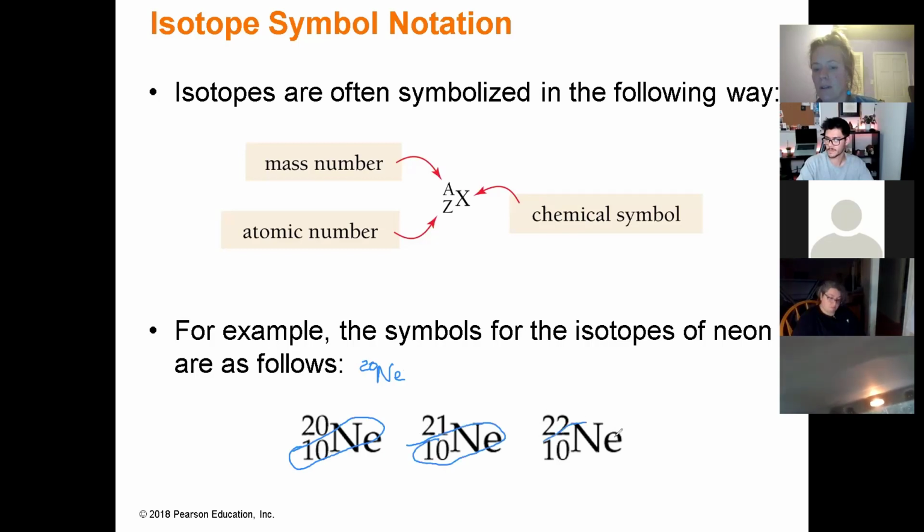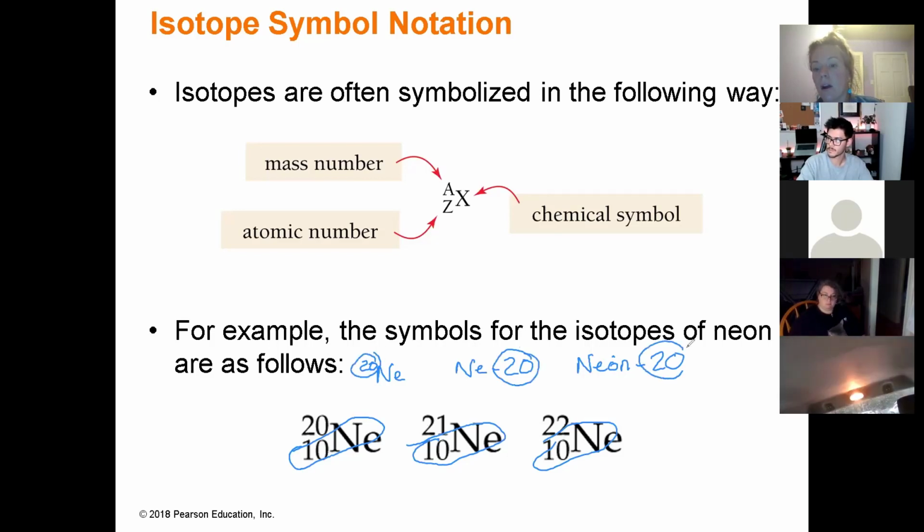These two things are always glued together. It's like redundant information. So you may see it like this, or you could see it like this, neon dash big 20, or sometimes they write it as neon, the full name, dash big 20. So there's a couple different ways of seeing the isotope. All of these numbers, again, are referring to the atomic mass, which is protons plus neutrons.